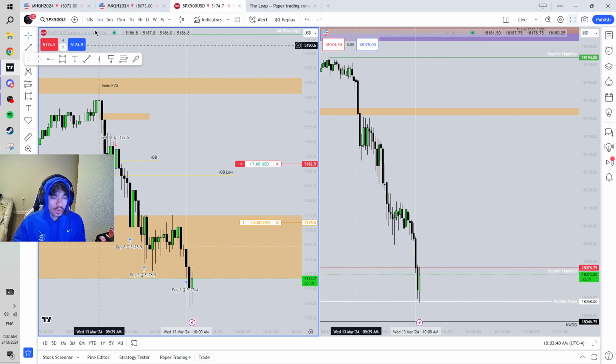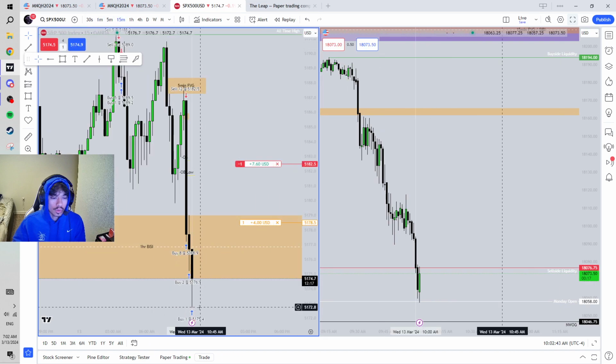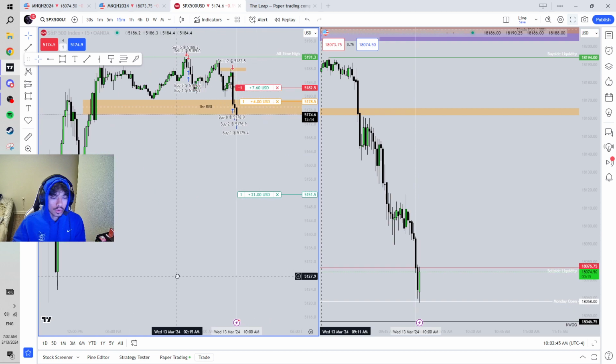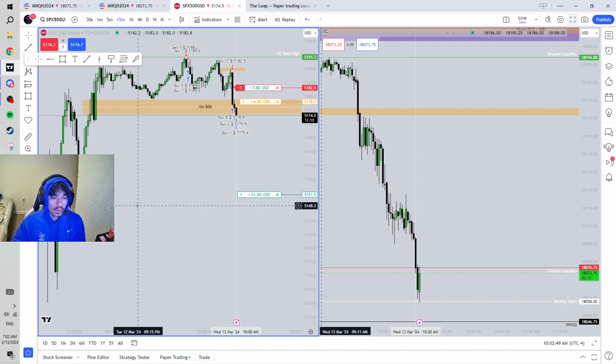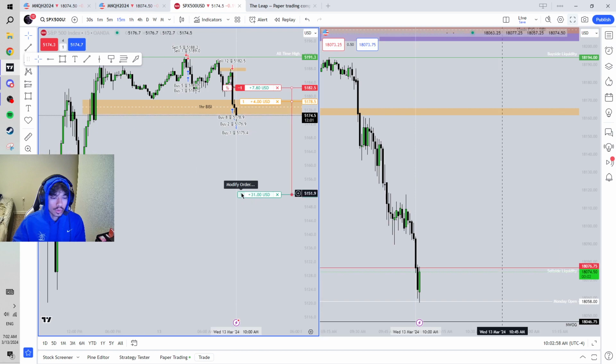So there's that. Let's hop on a 15-minute chart. My final take profit's right here at 31. To be honest, I kind of like this candle's low a lot more. There's a little fair value gap right here, and that's going to be at 71 and a quarter.